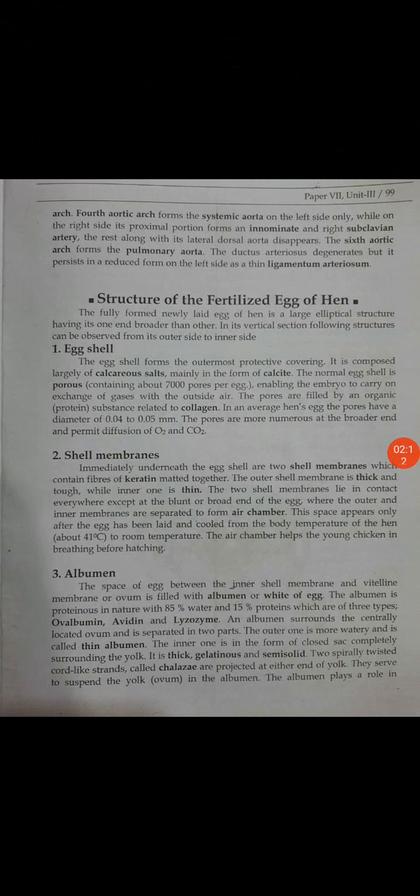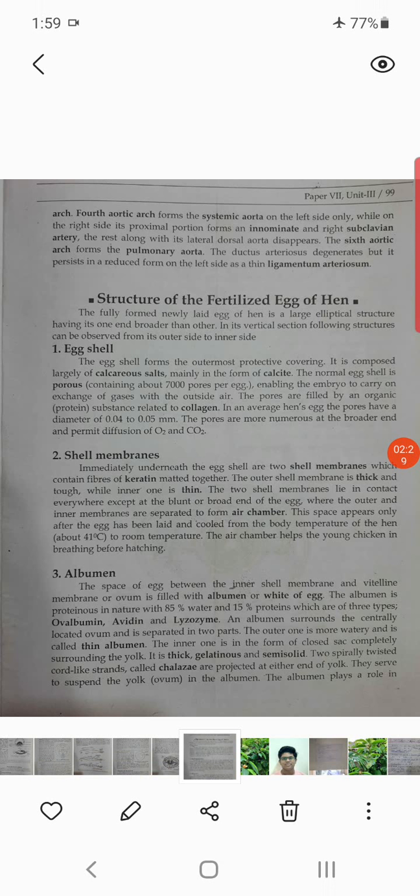Shell membrane. Just below the shell, one membrane is there. When you break the egg, you will notice that membrane. Now you can try to make an omelette and see the structure, whatever you studied.